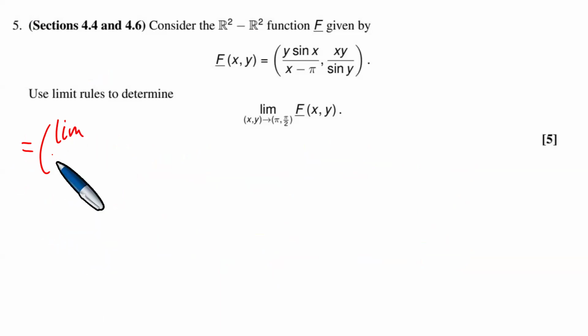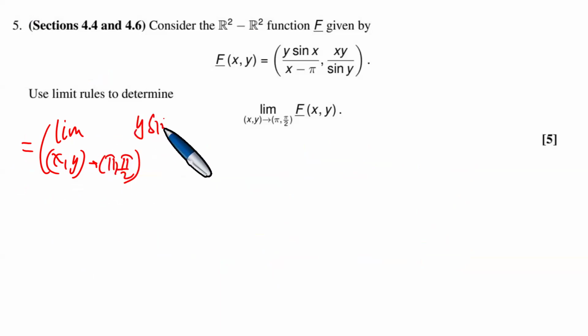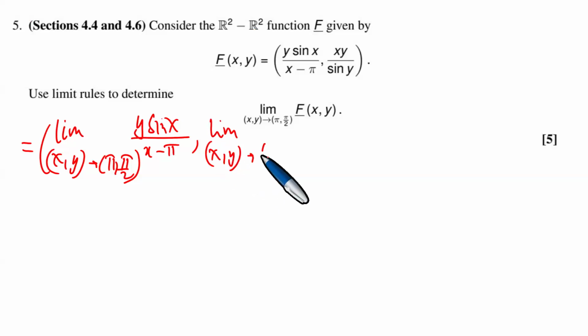So we have the limit as x and y tends to pi over 2 of y sine x divided by x minus pi, and then we have the limit as x and y simultaneously tend to pi over 2 of xy divided by sine y.